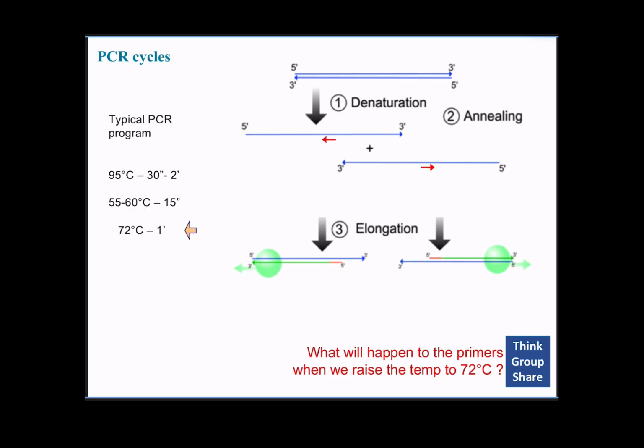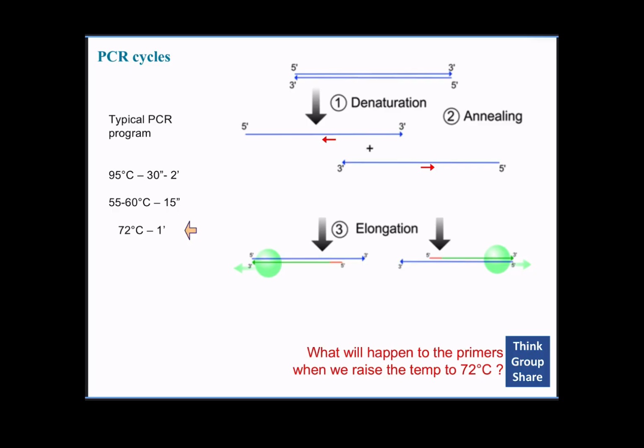Then we proceed to another round of elevating the temperature a little bit. We won't go to 95, otherwise we will re-separate everything. We go to what is called an elongation or extension temperature, and that is typically 72 degrees Celsius. And that 72 degrees Celsius seems very arbitrary, and it is very arbitrary, it is the optimal temperature for Taq polymerase.